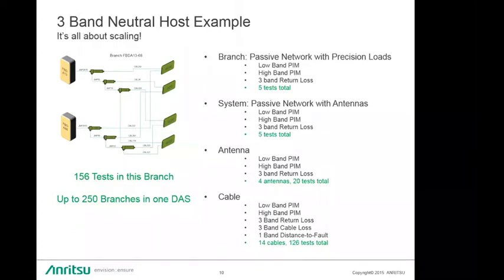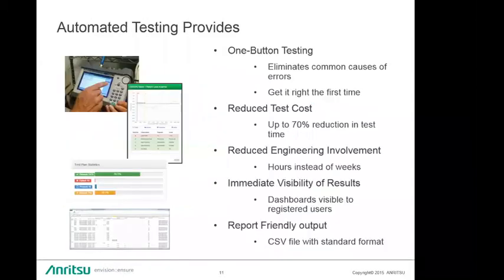We need some automation. In the manufacturing world, for years, they've had test executives that control how electronic equipment is manufactured. We need something similar for DAS testing, some automated test capability. So what we're going to talk about today is something called SkyBridge Tools. It provides one-button testing.